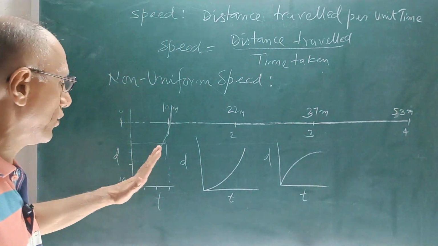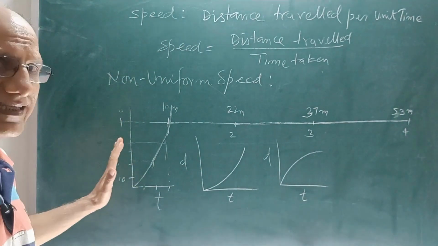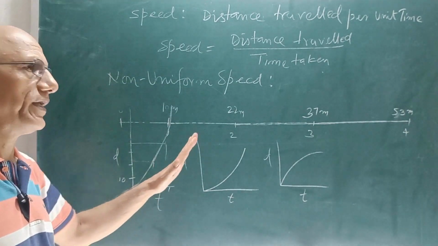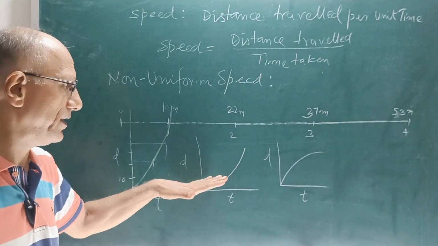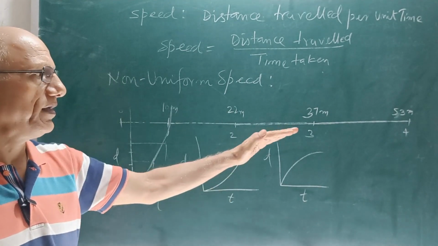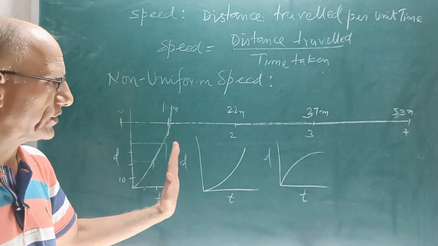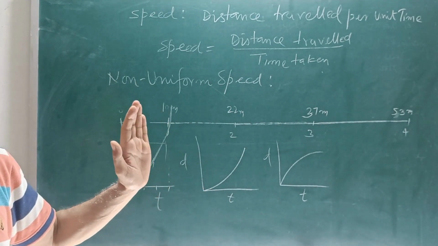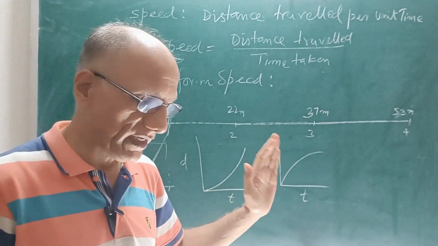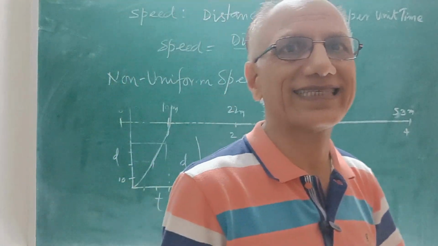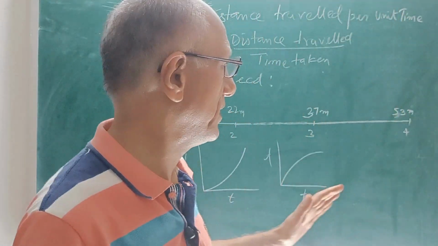So in case of the non-uniform motion, the distance time graph will always be a curve. It may be this way, it may be that way, but it should be non-linear, means it must not be a straight line, but it must be a curve.